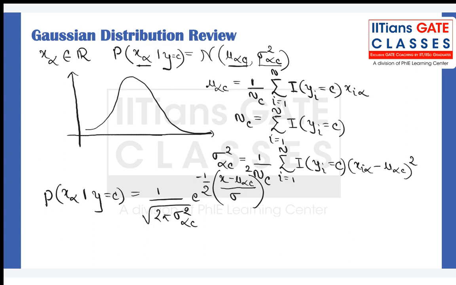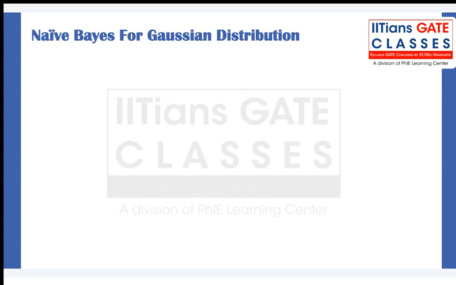Now, once we have taken this distribution, we will try to derive the Gaussian naive Bayes formula given our assumption of this distribution. What I mean by it is, let's say all the features are given to follow a Gaussian distribution.